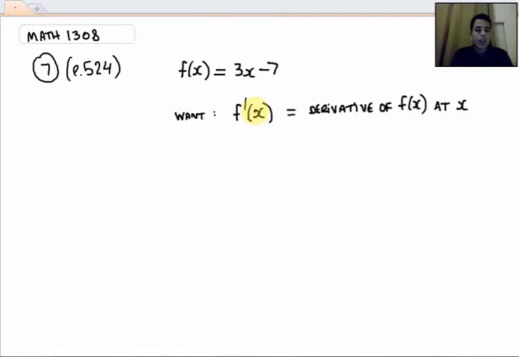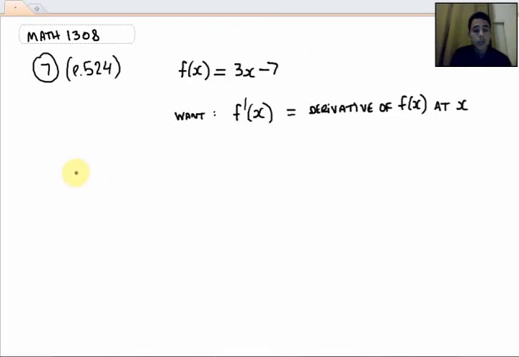Before, we found the derivative of f at x equals 1, or at x equals 2, or at x equals 3. But we don't want to do that every time we change the value of x. Okay, so we need to find a formula for the derivative, and then at the end we just plug the numbers in. So let's use the 4-step process.